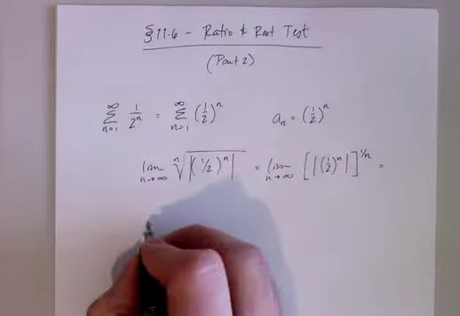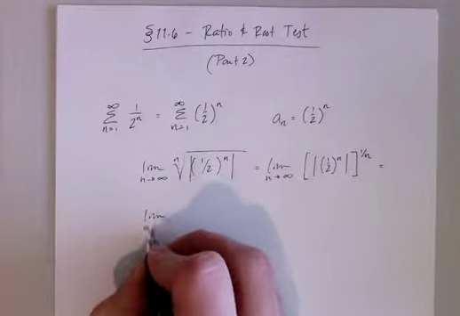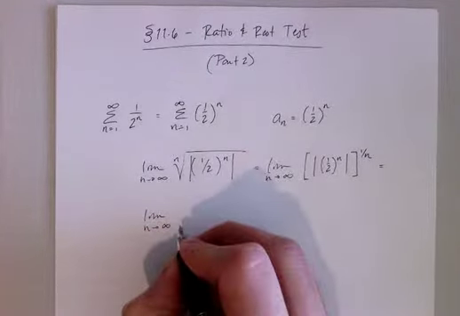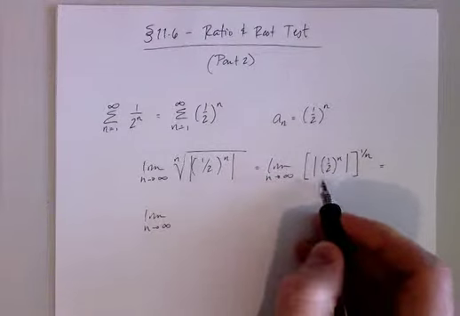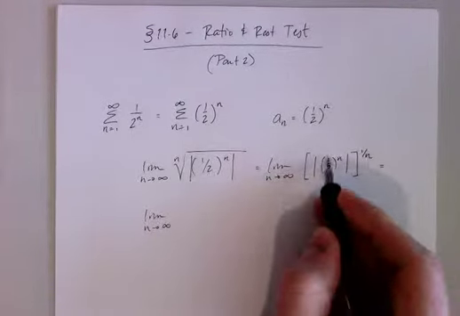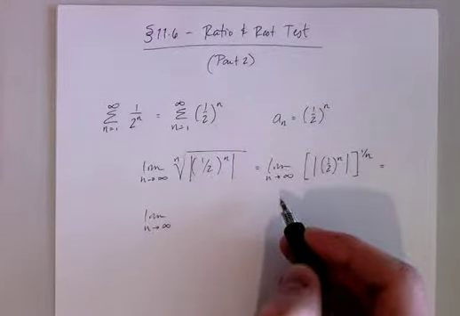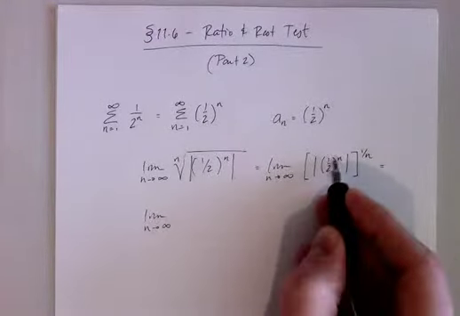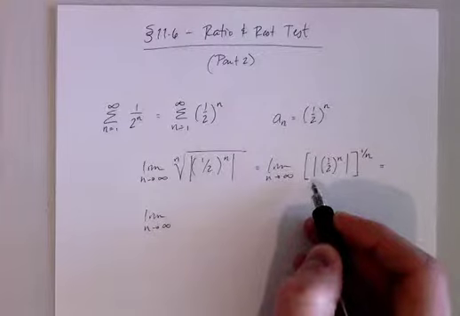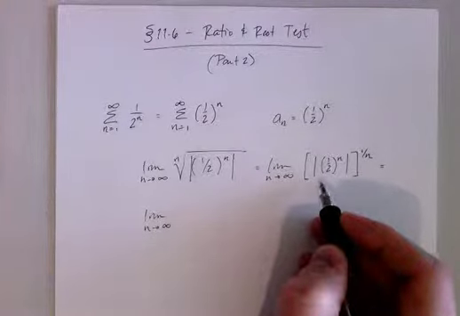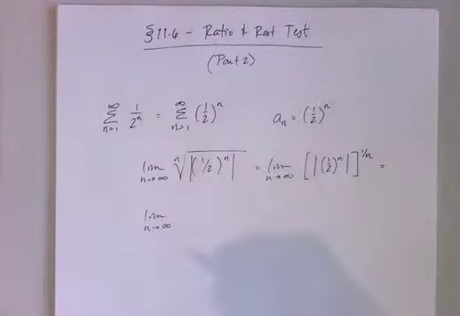Okay, so what happens here is I have the limit as n approaches infinity. You're not going to get anything other than positive numbers out of here because you have a positive base, and there's nothing in here that's going to make it negative. It's exponential, and so basically the absolute value bars are kind of window dressing.